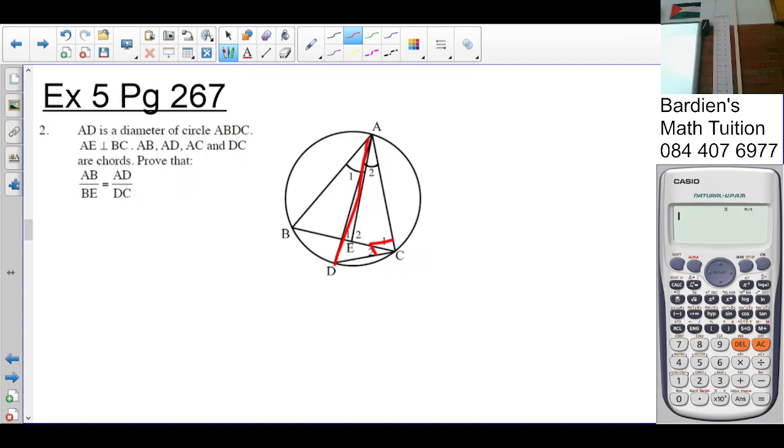Then we are told that AE is perpendicular to BC, which means to say E2 is 90. Not so? E2 is 90. There we go. Okay?